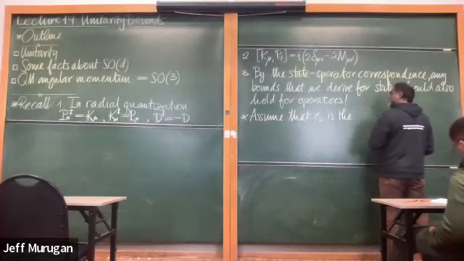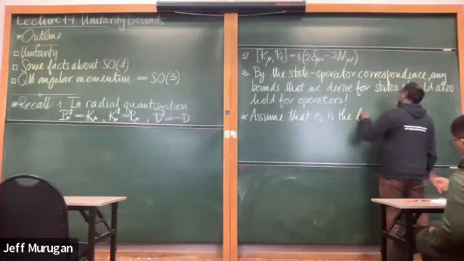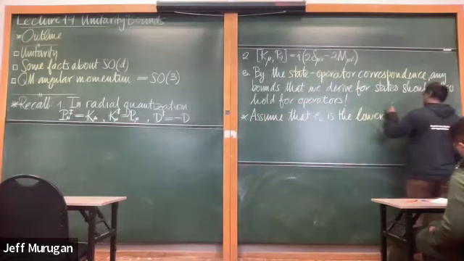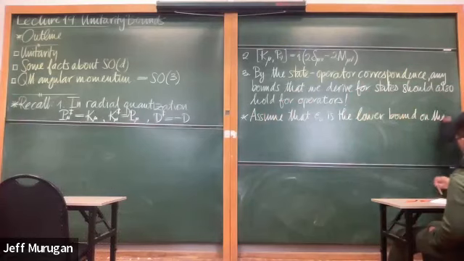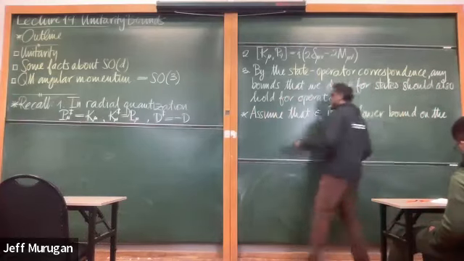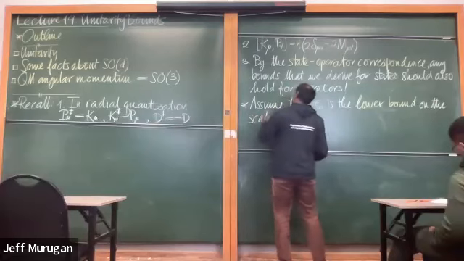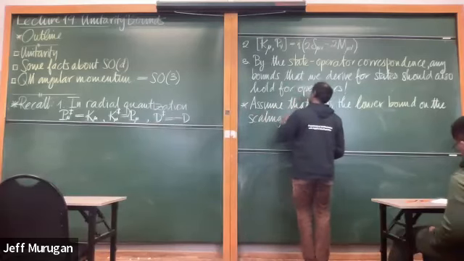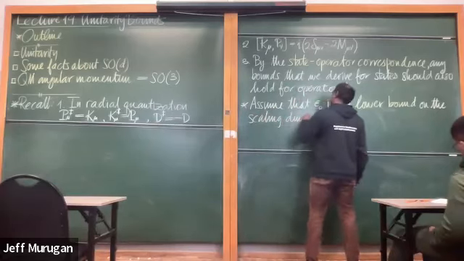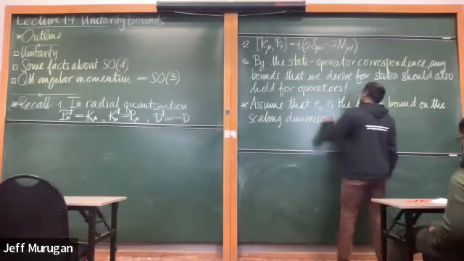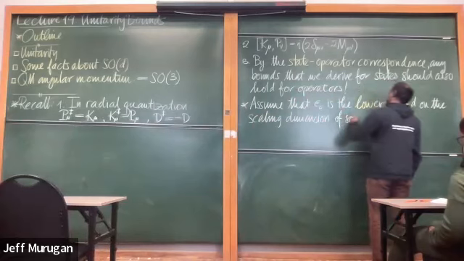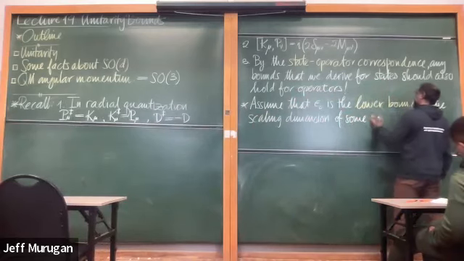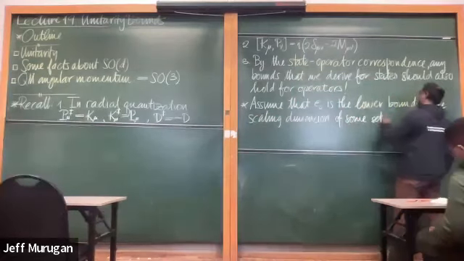So assume that epsilon naught is the lower bound on the scaling dimension of some collection, some set of states.